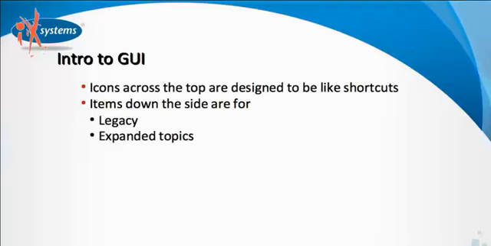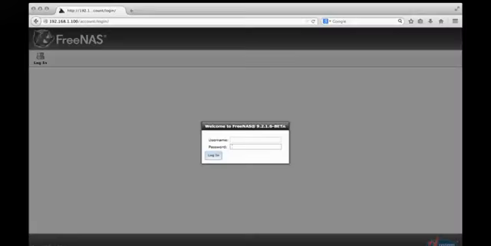So let's get looking at the GUI. When you first go to log into the WebGUI for your FreeNAS system, when you install the system, the network interface will automatically do a DHCP on your network and give you the IP address that you can use to access the WebGUI. I'm using this on a client system on the same network.